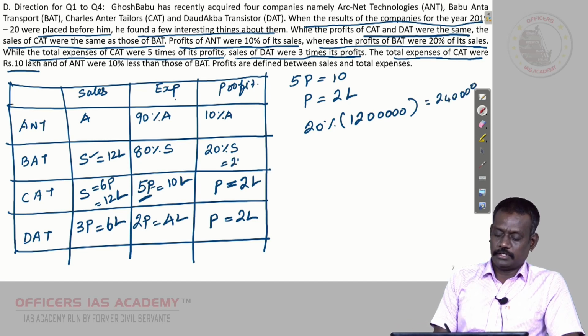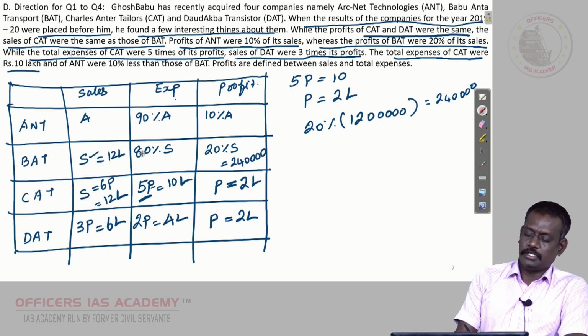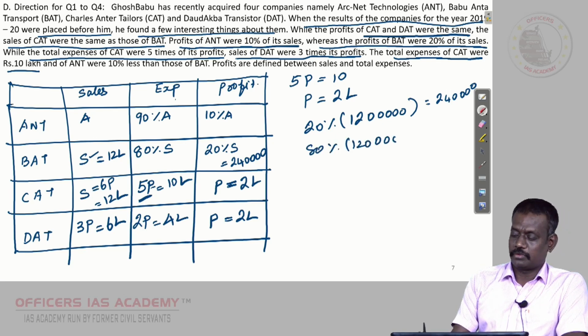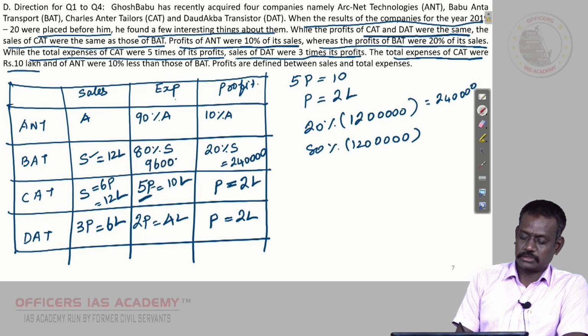So this will be 2,40,000. So 80% of S will be 80% of 12 lakh. It will be 9,60,000.